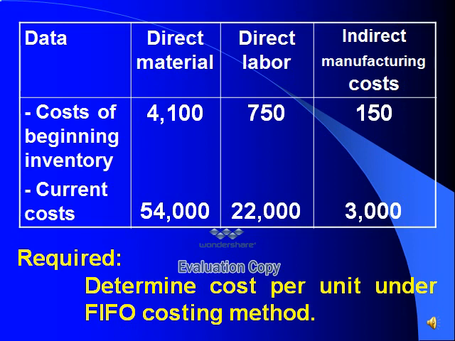Cost of beginning inventory for direct material 4,100, for direct labor 750, and for indirect manufacturing cost 150. Current cost for direct material 54,000, for direct labor 22,000, and for indirect manufacturing cost 3,000. Required: determine cost per unit under FIFO costing method.